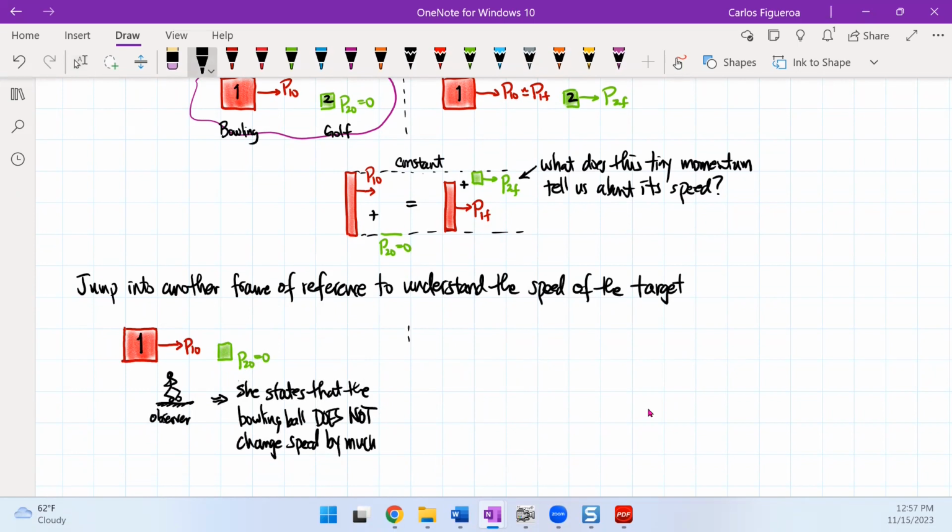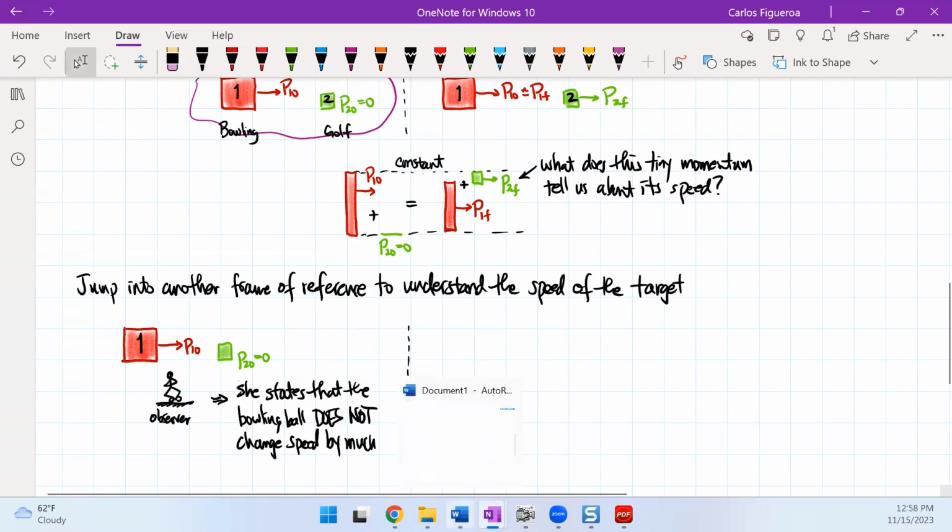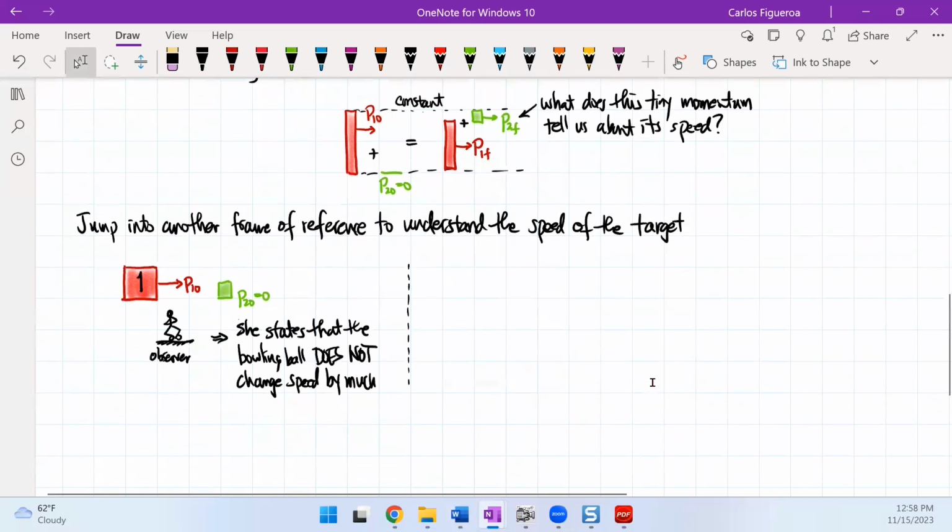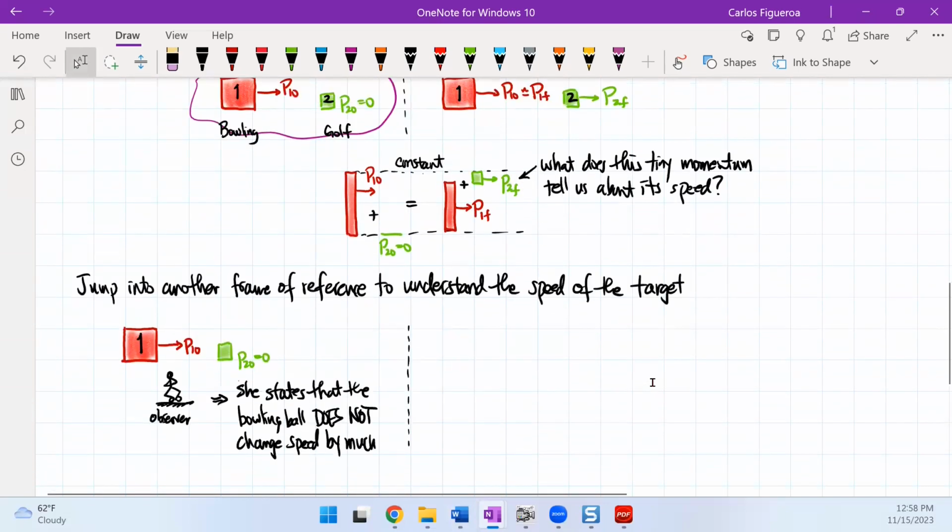So now let's check this out here. Now what we want to do is change frame of reference. I want to come in here and look at this block, and on this block, I'm going to jump onto block 1.